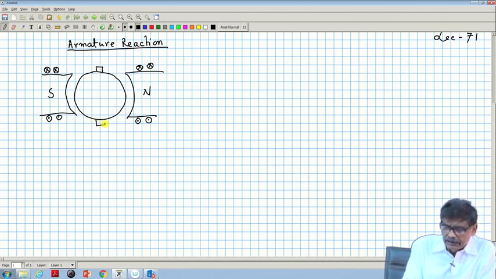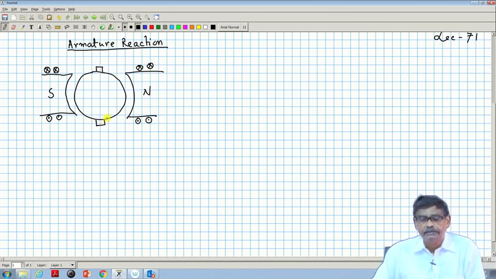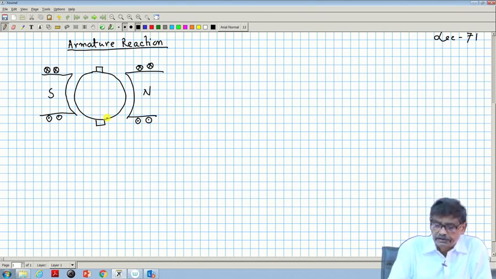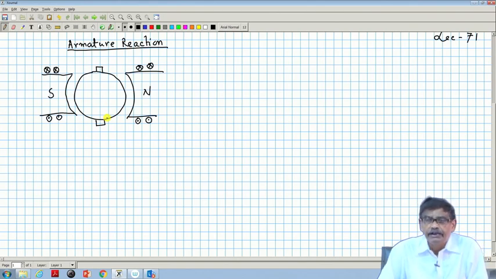Now, I told you that a DC machine, like its AC counterparts, may be a multipolar machine, that is, the number of poles may be greater than 2. In this representation, mind you, if I know what is happening under a pair of poles, the remaining things will be repeated for the other pairs of poles.